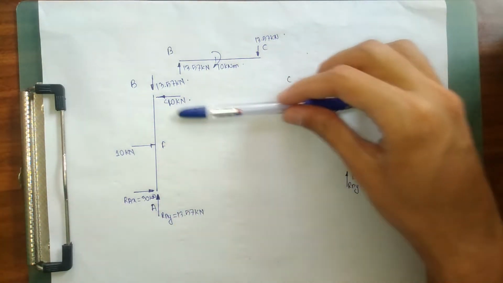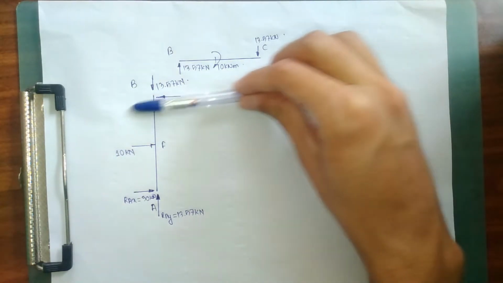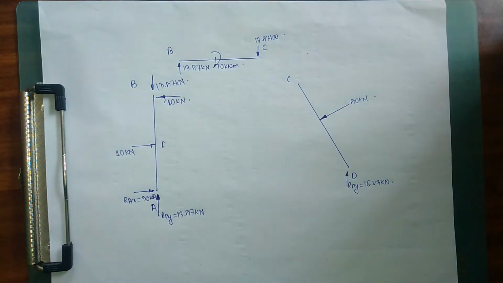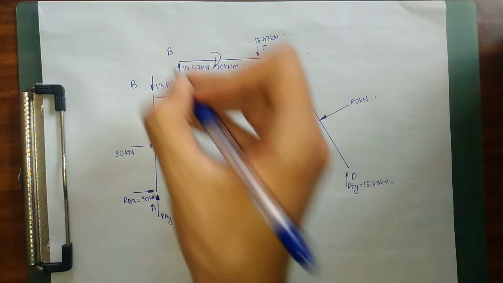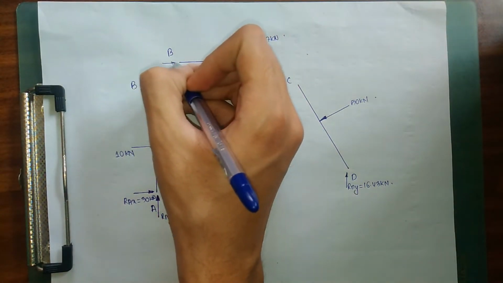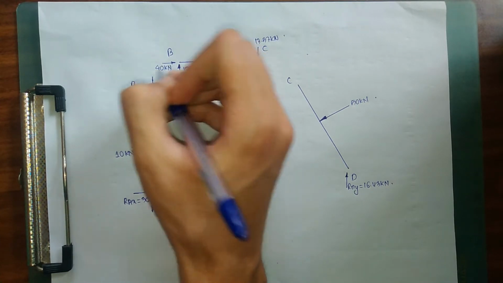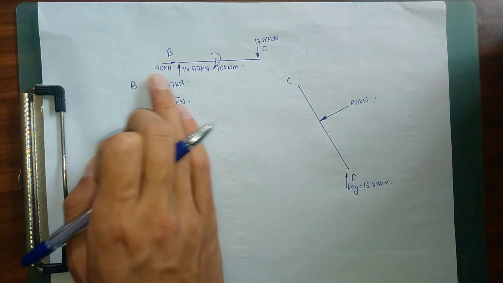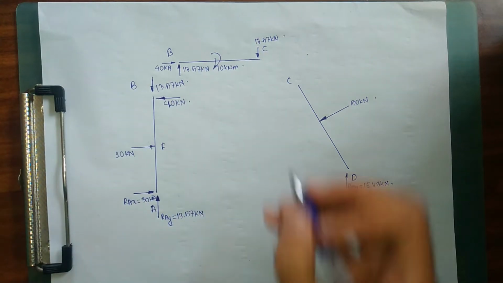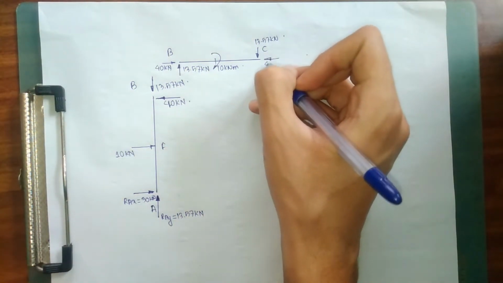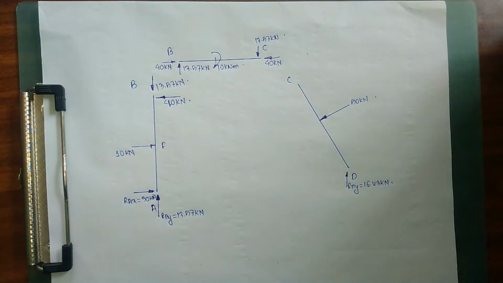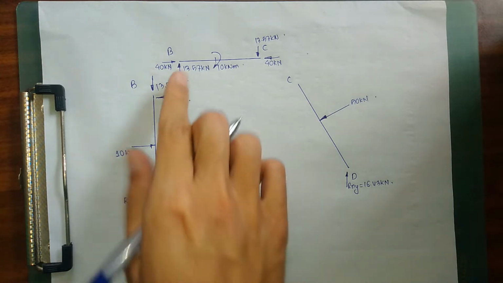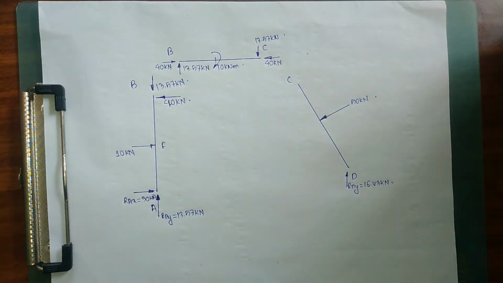A force of 40 kilonewton is acting in this direction, so for member BC, a force of 40 kilonewton must act in this direction. Using the same logic, since a force of 40 kN is acting to the right, in order to maintain equilibrium, a force of 40 kN must act to the left. Now we have done member BC, and we have done member AB.